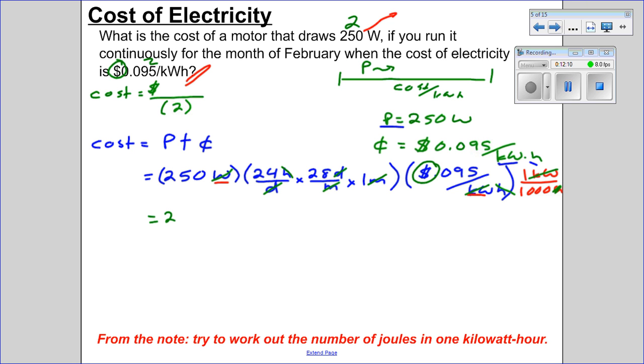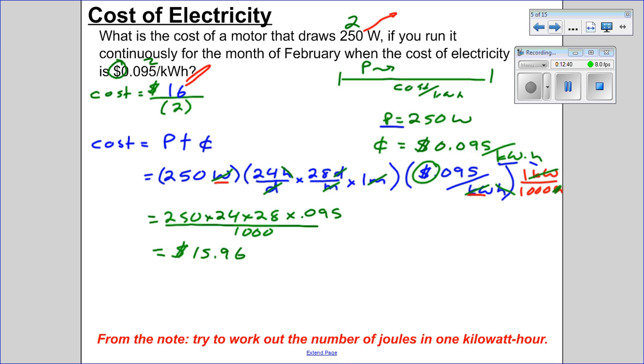So we're going to have 250 times 24 times 28 times 0.095 all over 1,000. And the symbol is going to be dollars. When we plug that number in, we get 15.96. So we've run that refrigerator for a month completely, never stopping. It comes out to 15.96. And of course, sig figs will turn that into $16.